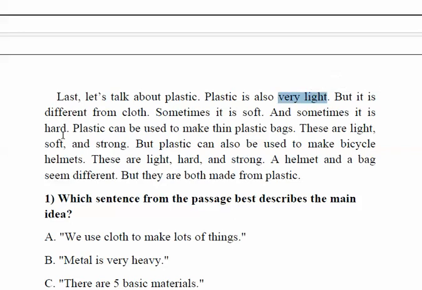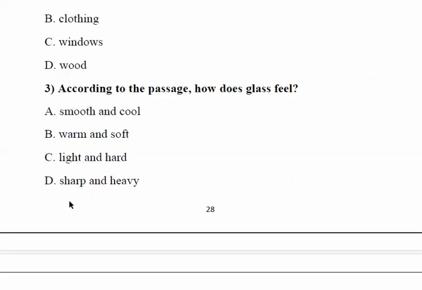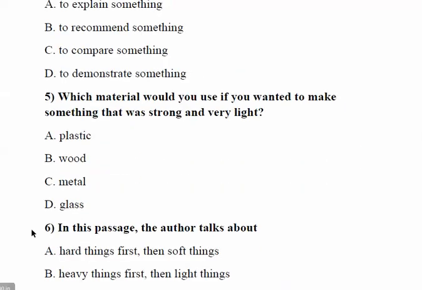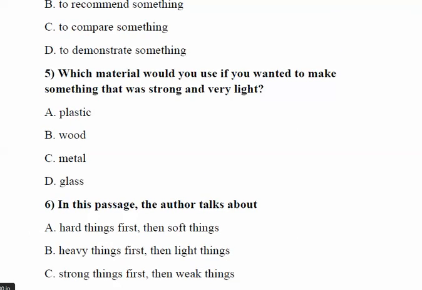Plastic can be thin plastic bags that are light, soft and strong, but plastic can also be used to make helmets that are light, hard and strong. So here the answer will be plastic.